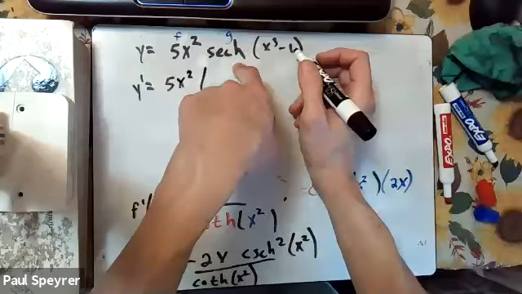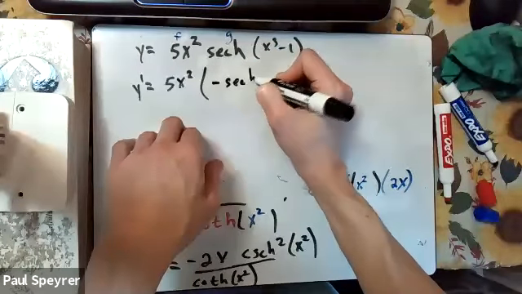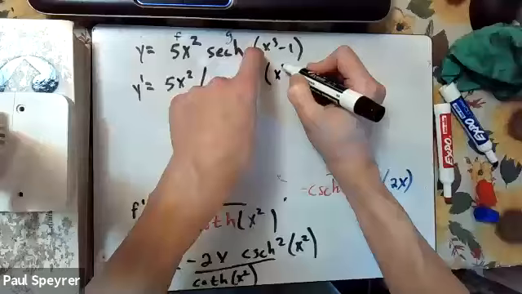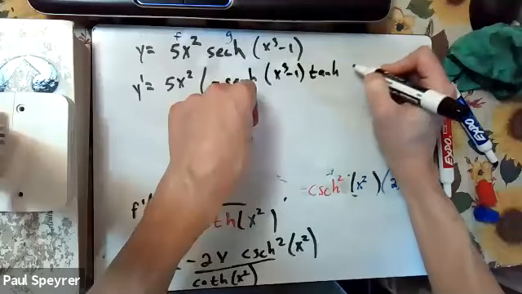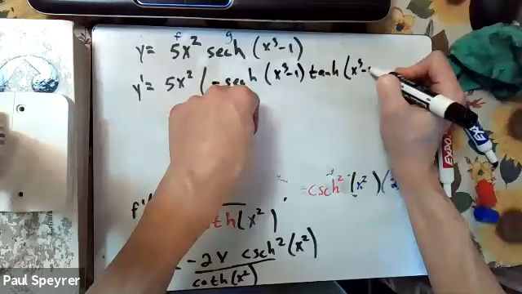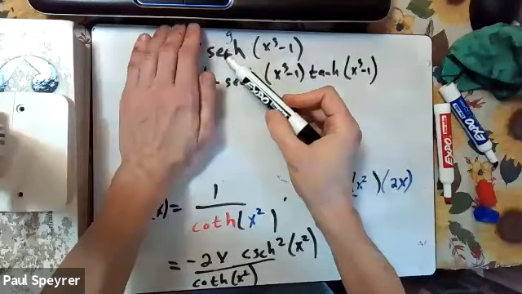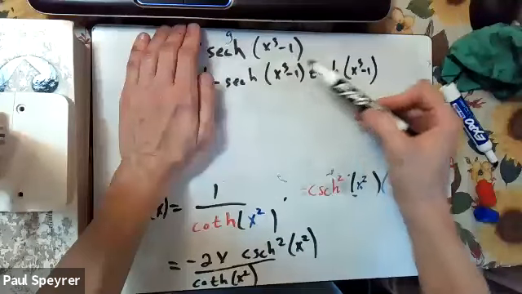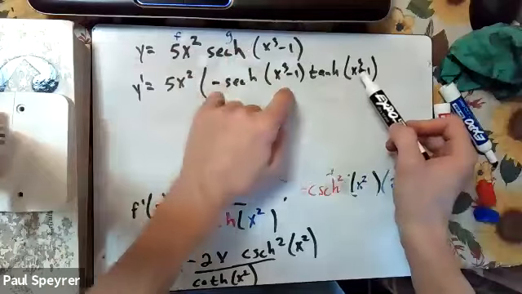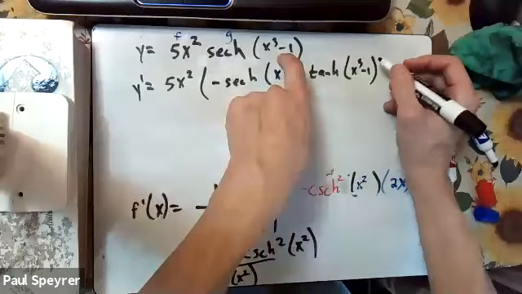The derivative of hyperbolic secant is negative hyperbolic secant of the stuff times hyperbolic tangent of the stuff. But remember, we have to chain this, right? It's negative secant tangent of that stuff times the derivative of the inside.